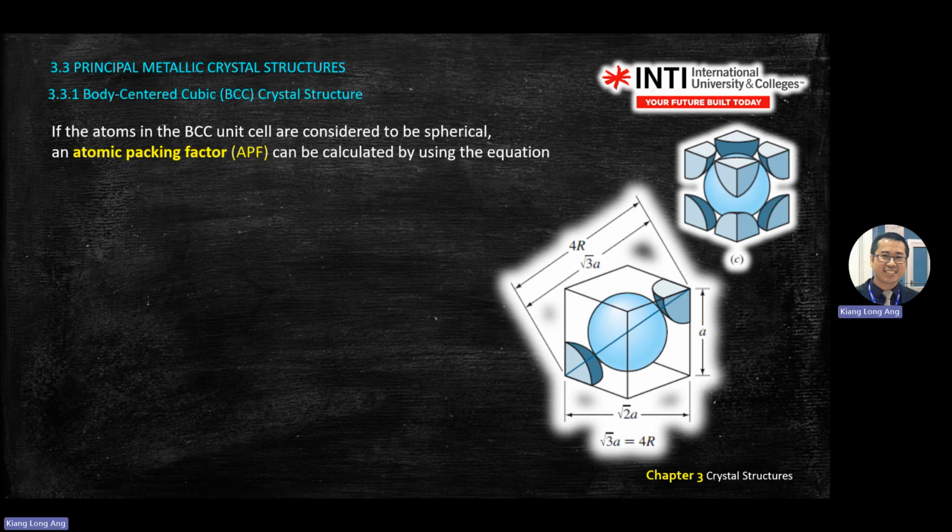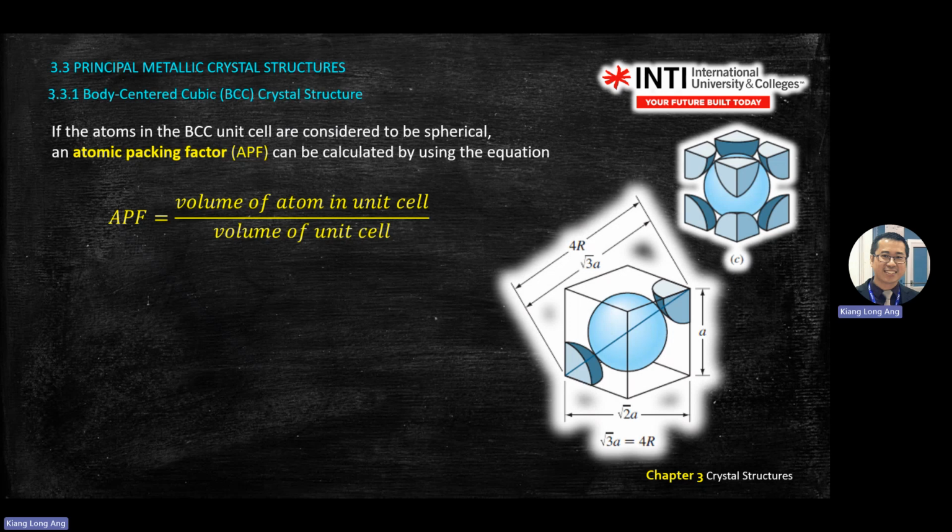This one multiplied by 2: 4 over 3 pi r cubed multiplied by 2. So for APF, you take the volume of the atoms in the unit cell, which means you have 2 atoms, 4 over 3 pi r cubed multiplied by 2, divided by the volume of the unit cell, which is A cubed.